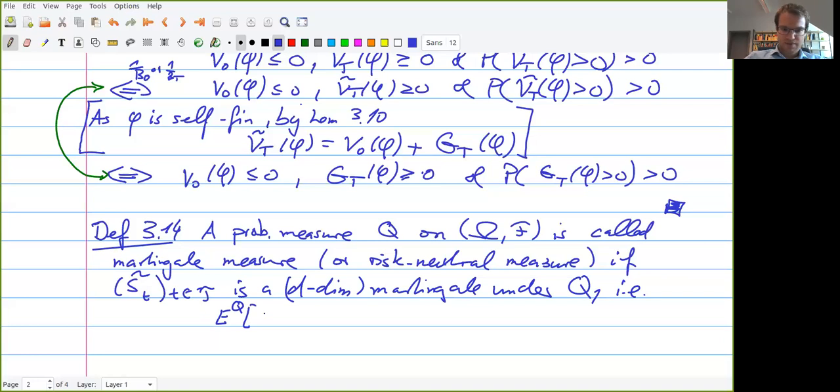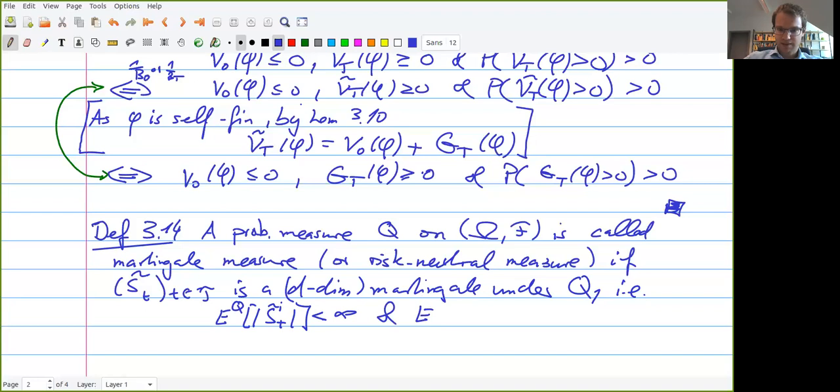So if I take the expected value of the absolute value of S_i, but the prices are positive anyway, so this is just the price, the discounted price process is integrable with respect to Q. Recall we have non-negative prices, but let us keep the definition of a martingale.